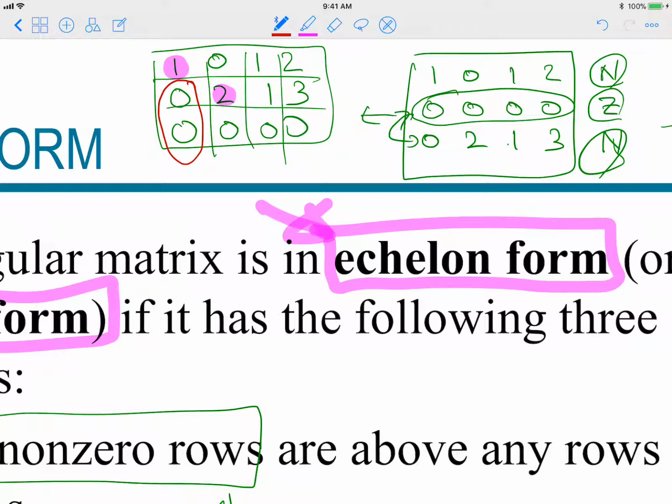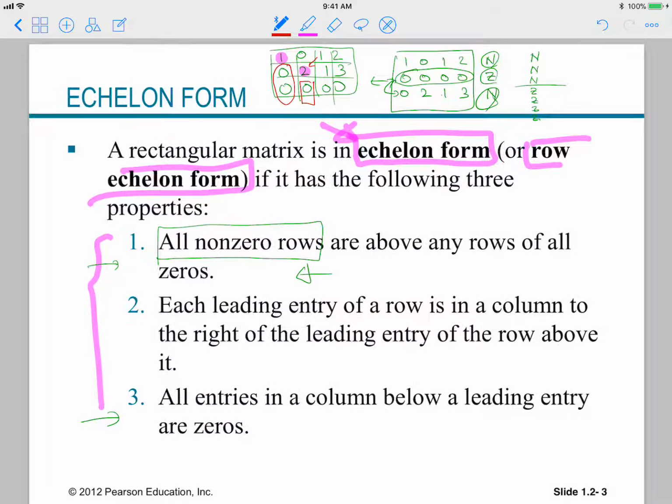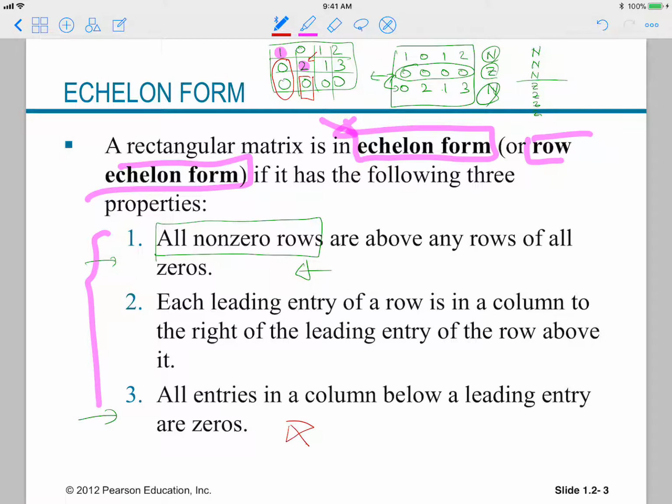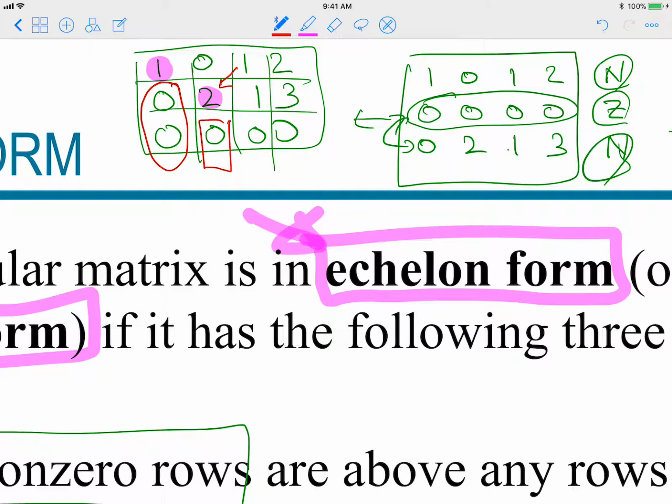If all the entries below each of our leading entries are zeros, then that satisfies this condition. In other words, if we look at this column vertically from the leading entry, all these entries should be zero. So these red parts should be zero for every leading entry that we find in the matrix.